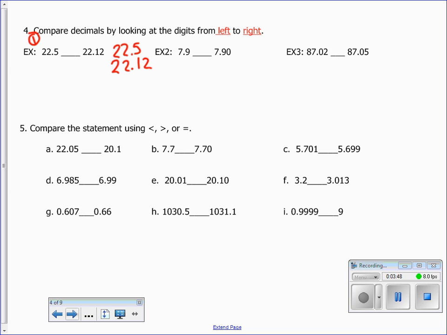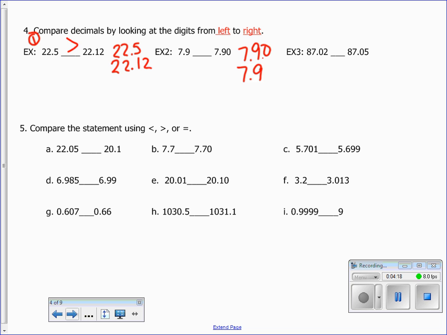Let's compare going from left to right. They both have 2 in the tens. They both have 2 in the ones, decimal, and then we can now compare the tenths place, where the 5 is greater than the 1. So greater than is the answer in example 1. So in example 2, again, line them up.